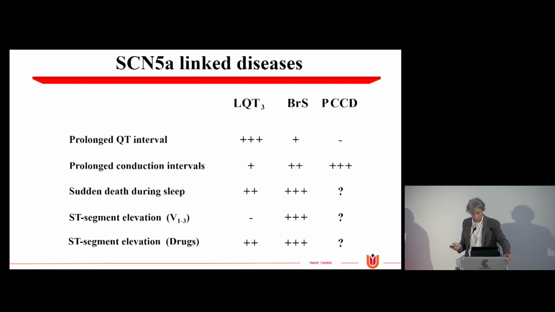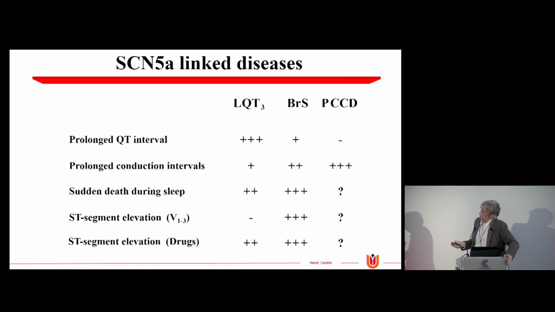But if you look carefully at the clinical characteristics of these different disease entities, LQT3, Brugada syndrome, and progressive cardiac conduction disease, then a prolonged QT interval by definition is present in the long QT cohort. But there are quite a few patients with Brugada syndrome that also have some minor prolongation of the QT interval.